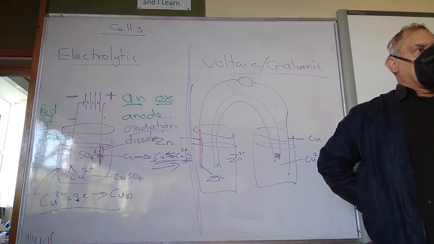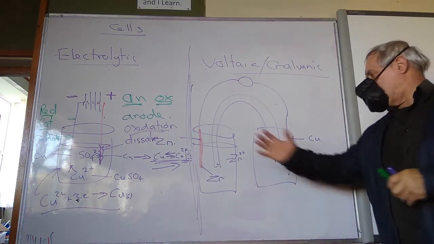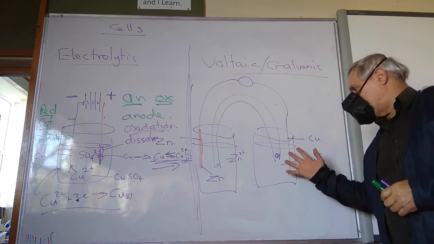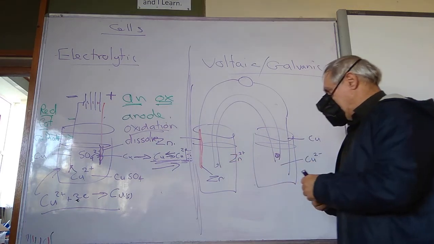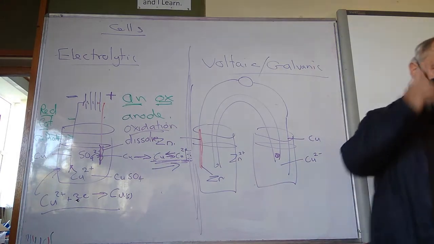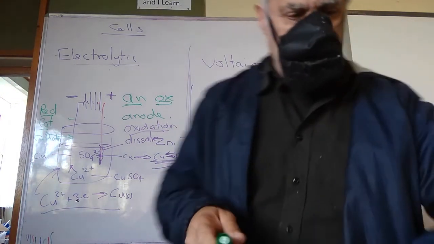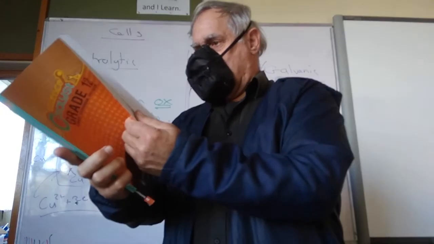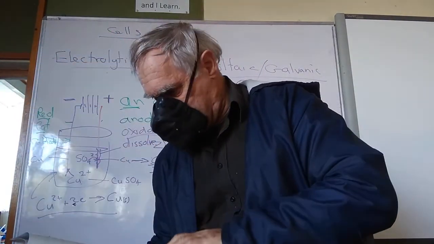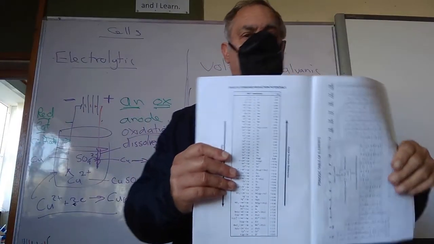Now, do we know that one of these is going to be oxidized and one of these is going to be reduced? Yes. Right. Now, where do we go to find which one's oxidized and which is reduced? Standard reduction table. We go to our reduction table and we look for who on top?